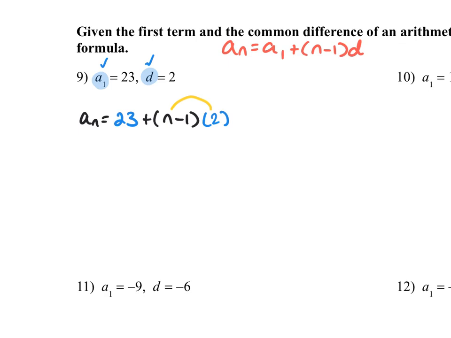Then you have to distribute that 2. So you get 23 plus 2n. 2 times negative 1 is minus 2. Combine those like terms. You get a sub n is equal to 21 plus 2n.